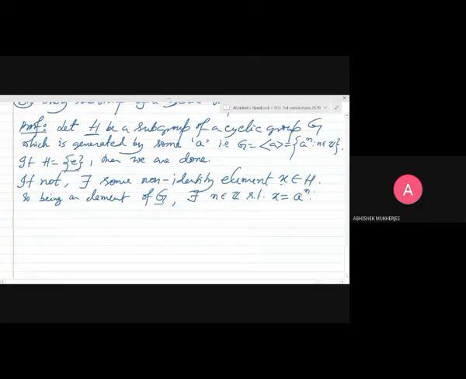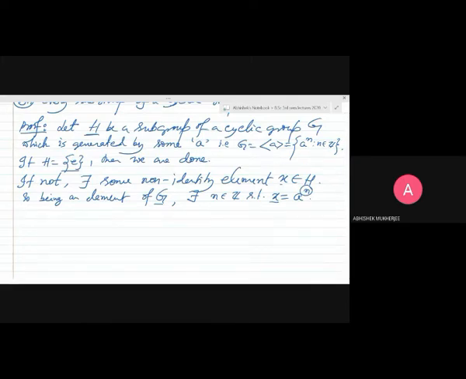Now this n, since x is non-identity, this n will not be 0. So it is either less than 0 or greater than 0. Now if n is greater than 0, then we do not proceed further.